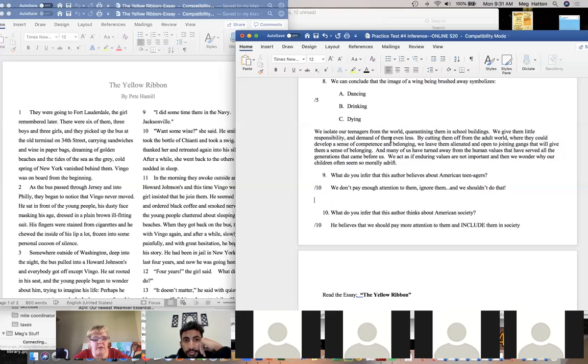You have to be careful about the things that are stated, because it's really easy to think it's not stated, just like Luis did, where he said they don't have enough responsibility, but it's right here in the text. So whatever you write down or choose, make sure that you go back and check the text to make sure it's not stated. Okay?